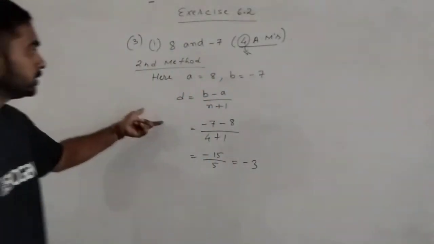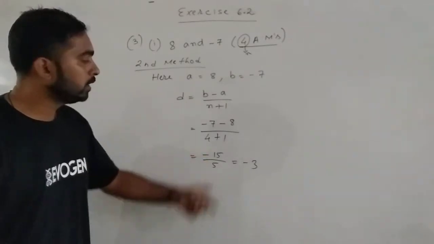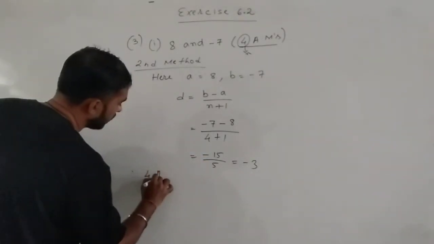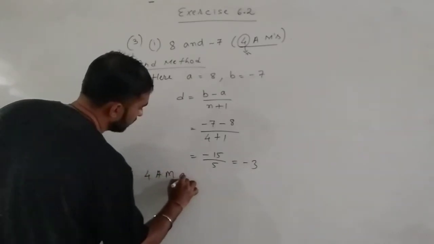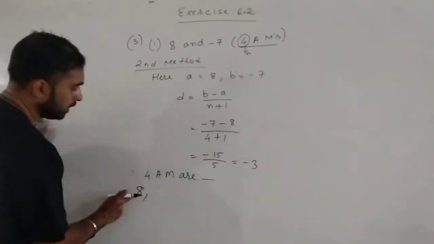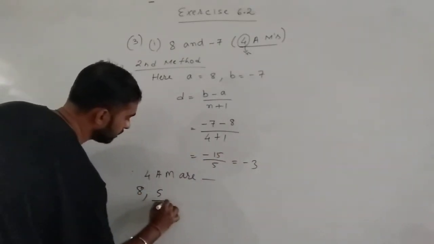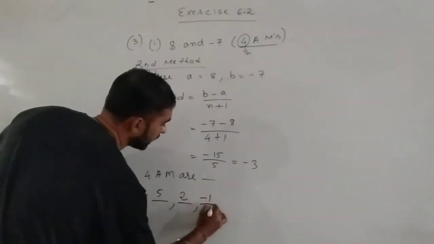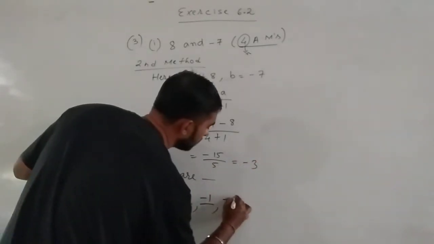So in this question, in this method, we can find the value of D directly. Therefore, the 4 AMs are 8 minus 3, 5. 5 minus 3, 2. 2 minus 3, minus 1. Minus 1 minus 3, minus 4.